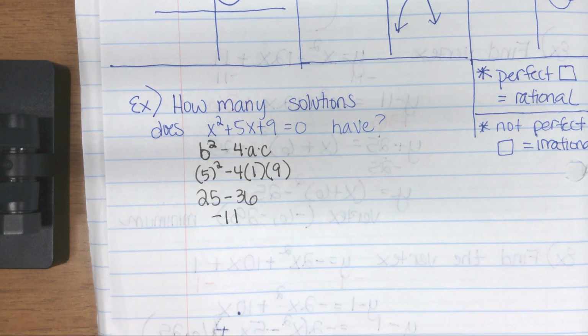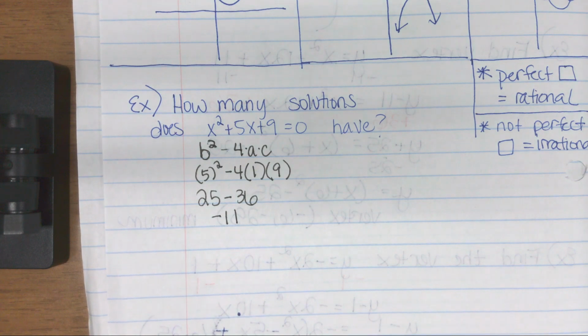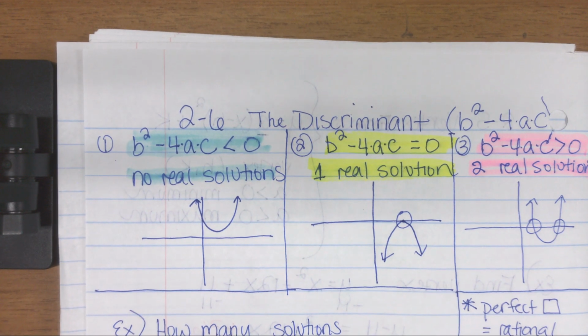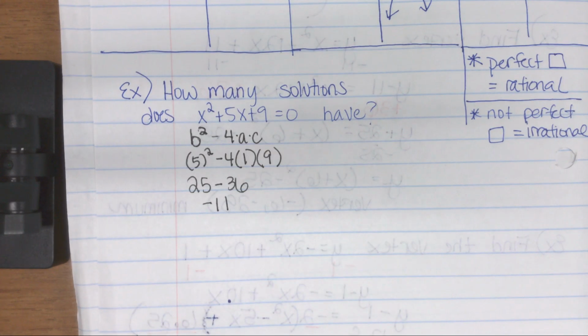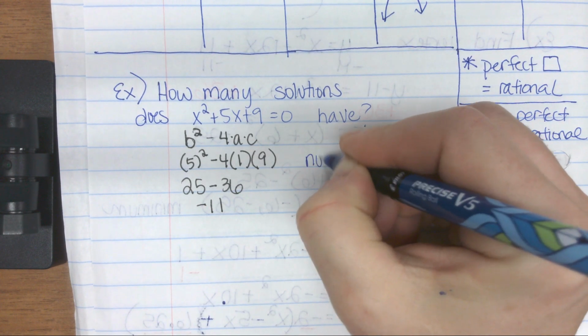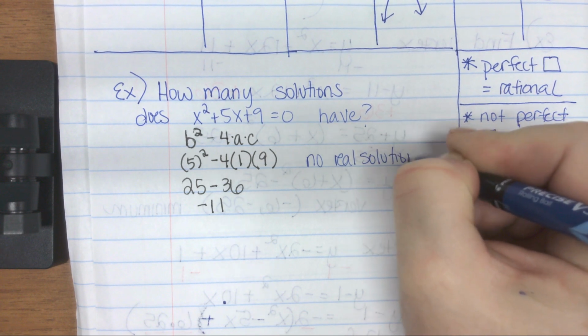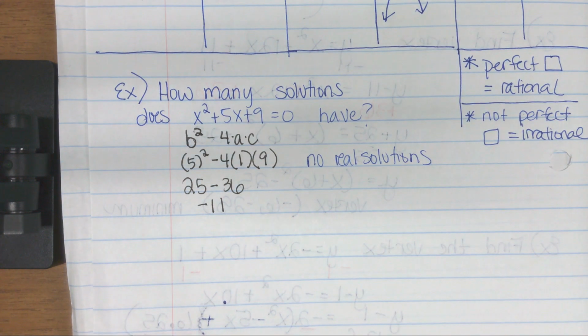Okay. What kind of number is that? Negative. So what would the answer to that question be? This has no real solutions. Okay, that's how that works.